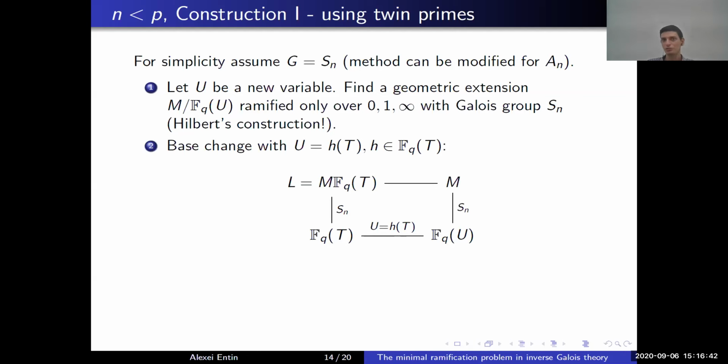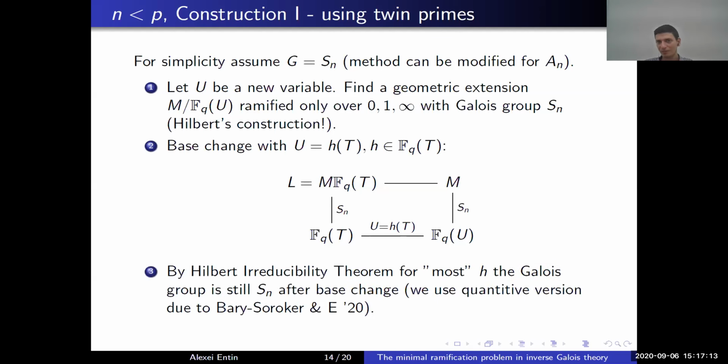Okay, and now what we do, we take a base change, so we replace u with h(t), where h is some polynomial. So there's a typo, h is not a rational function, it's a polynomial in this construction. And we form the base change, so F_q(u) is embedded in F_q(t), via taking u equals h(t), and now we take the compositum of M and F_q(t), and we obtain an extension L of F_q(t).